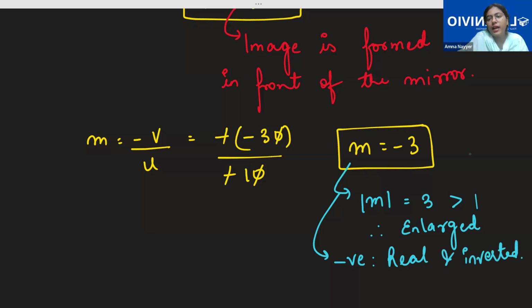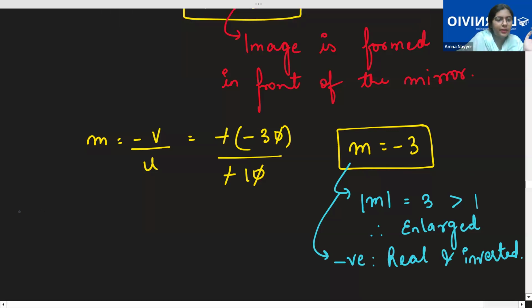So finally, what do we have? An image of magnification minus 3 means the complete answer would be: image is formed 30 centimeter in front of the mirror, which is enlarged, real and inverted. So finally, you can conclude this. I'll just write it here.